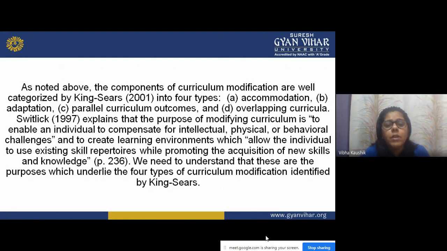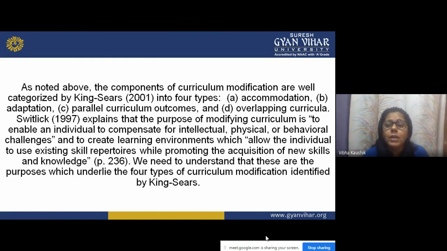As noted above, the components of curriculum modification are well categorized by King Sweeney. Now, the concept of curriculum modification is categorized by King Sweeney in 2001 into four types, meaning curriculum modification can be divided into four types.